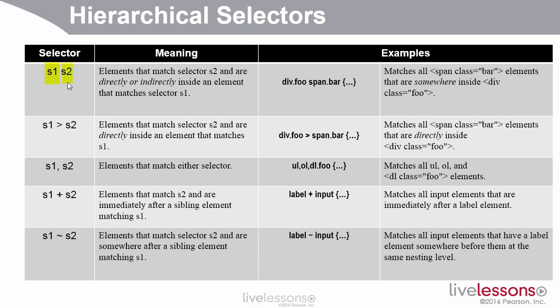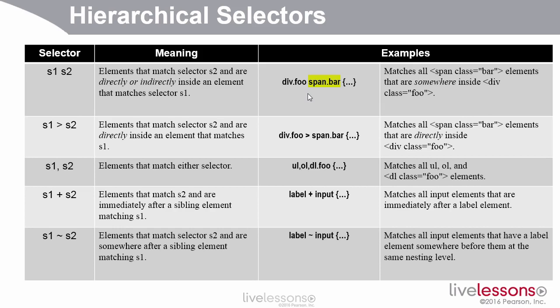Not necessarily directly inside, but inside. So here's a quick example. If I say div.foo space span.bar, that means that it applies only to spans that say class equals bar.